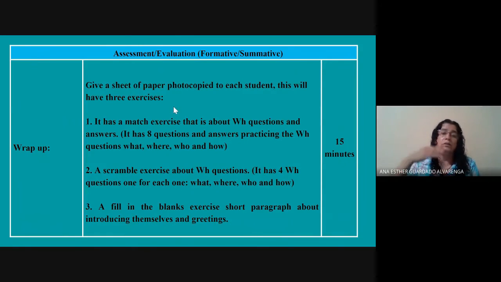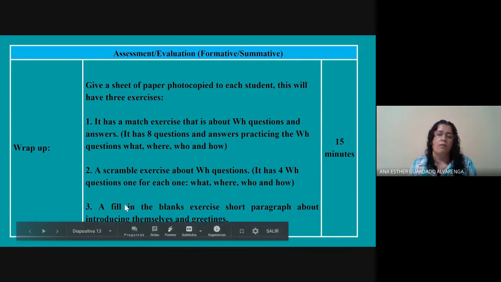And the teacher is going to give the students a sheet of paper with 3 exercises. One is a match exercise about double questions. And here we have how many questions are included in the exercise. And exercise number 2 is a scramble exercise about double questions, and we are going to have 4 questions, where we are going to practice what, where, who, and how.